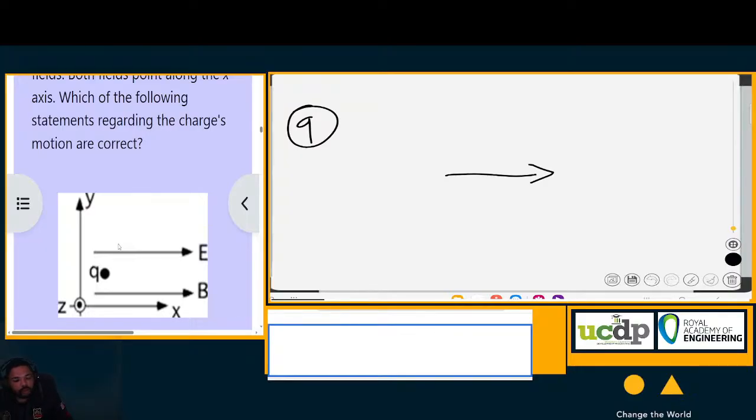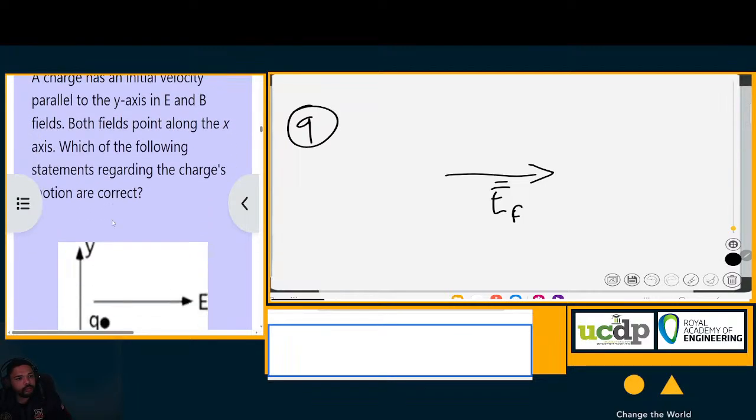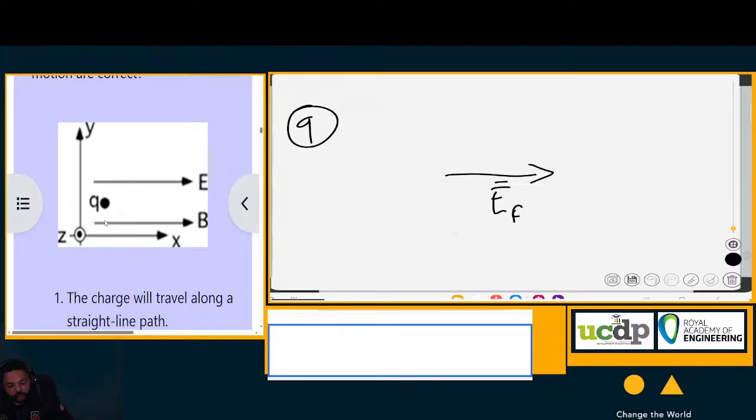So we'll have the electric force along the parallel x direction, and we will have the magnetic force in the positive k-hat direction.